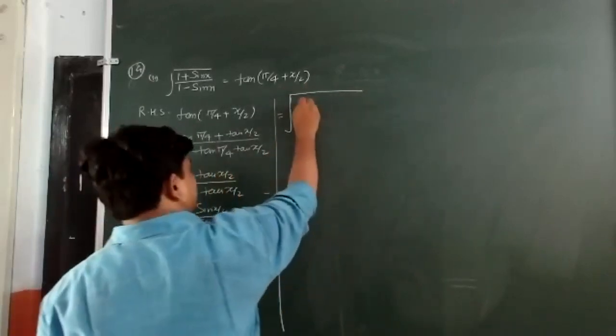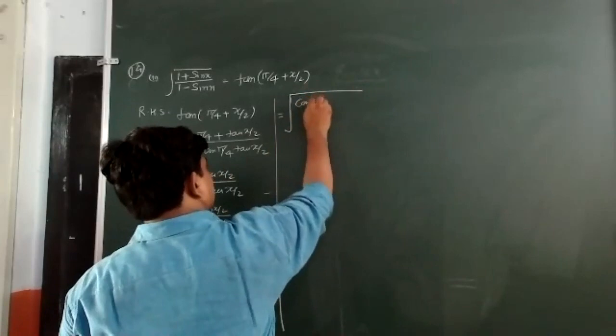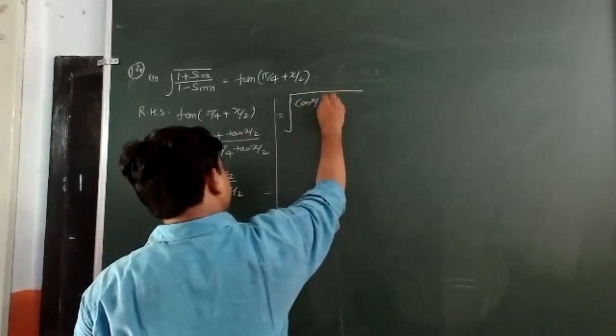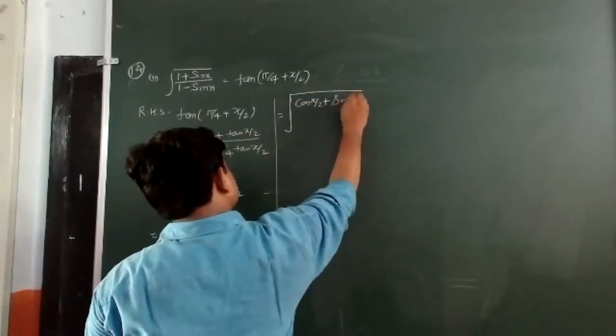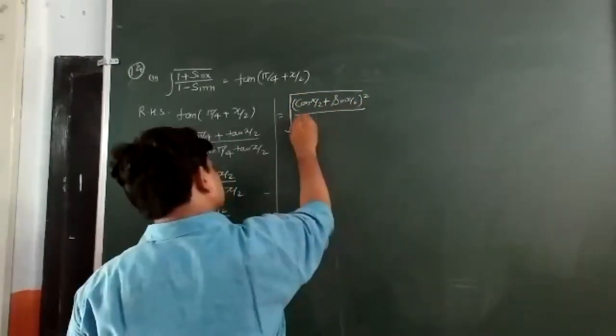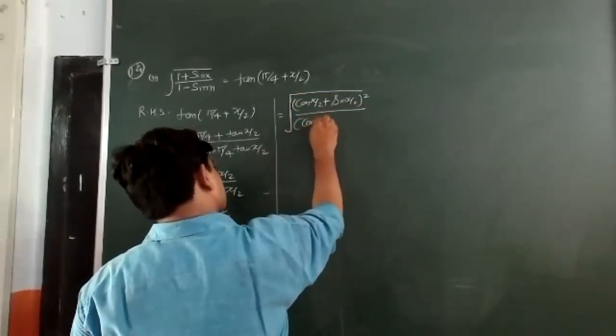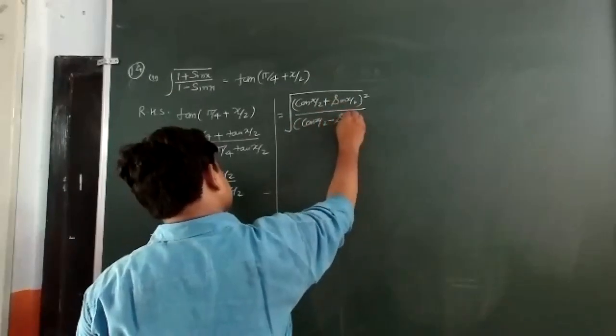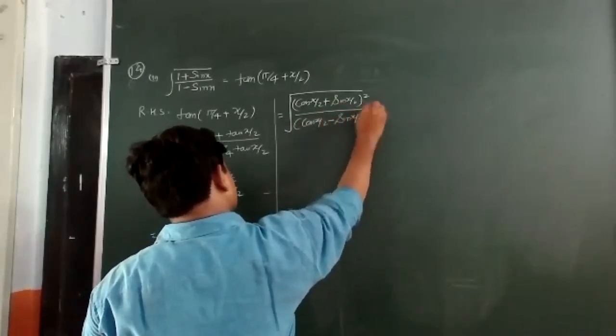When I write it, it will be cos x by 2 plus sin x by 2, whole square, whole upon cos x by 2 minus sin x by 2, whole square.